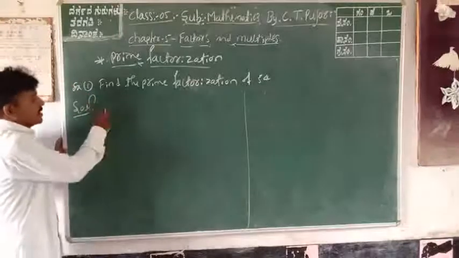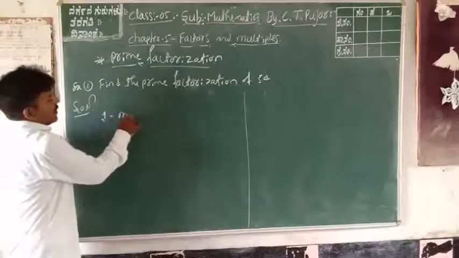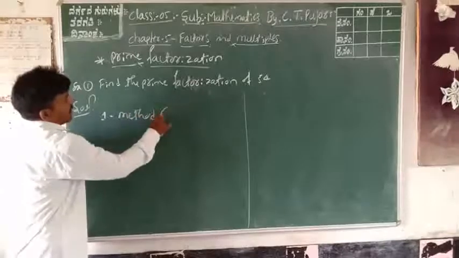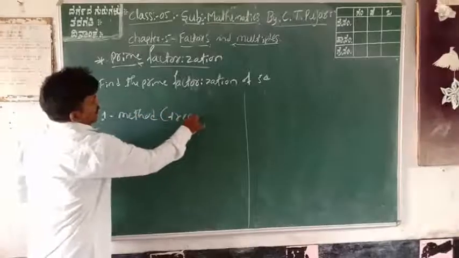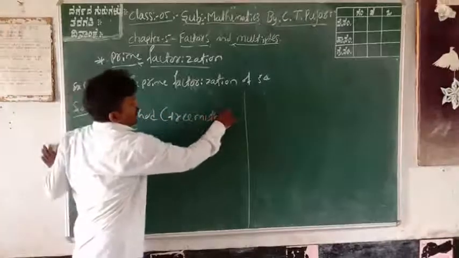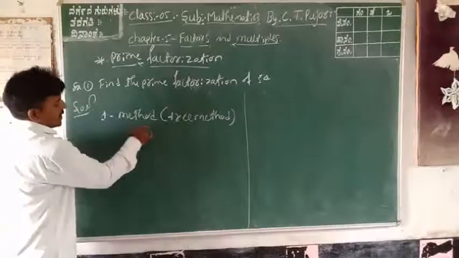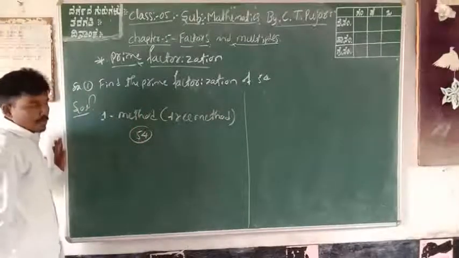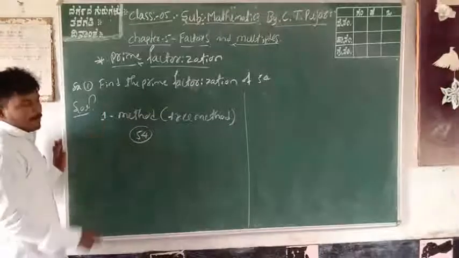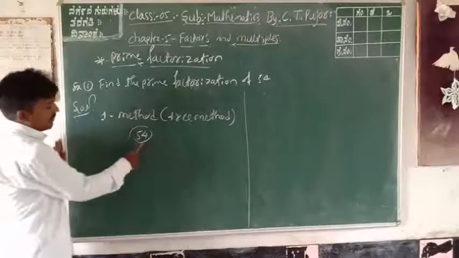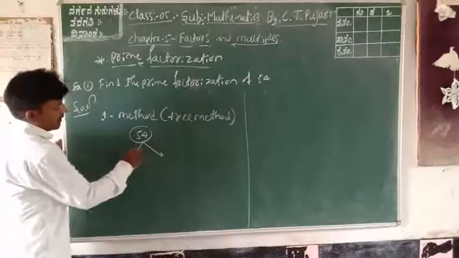Method number 1 is the tree method. 54 is the given number. You can find the prime factors by drawing branches.